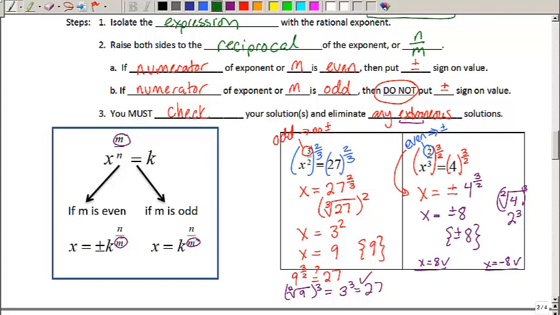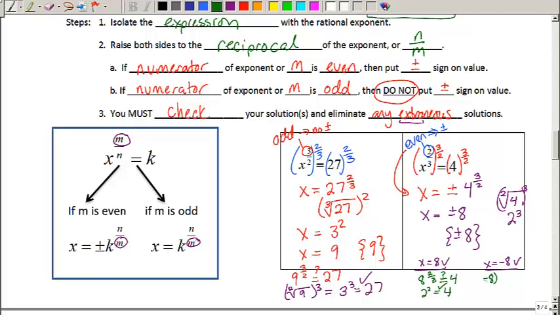When I check, I plug the value that I'm checking into x. X to the 2/3 is supposed to be equal to 4. Well, the cube root of 8 is 2, and 2 squared is 4, and that does work.